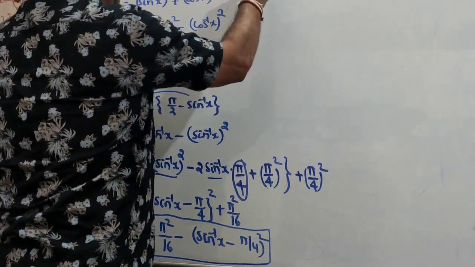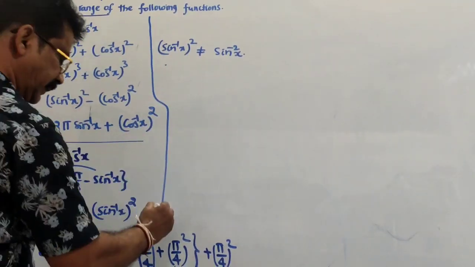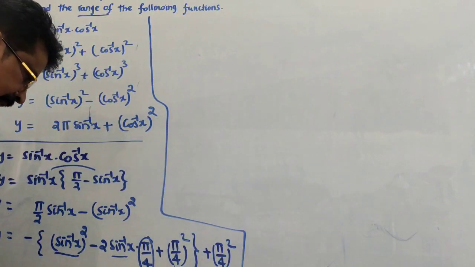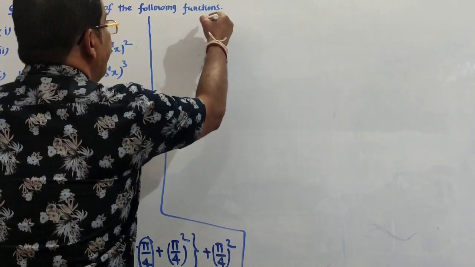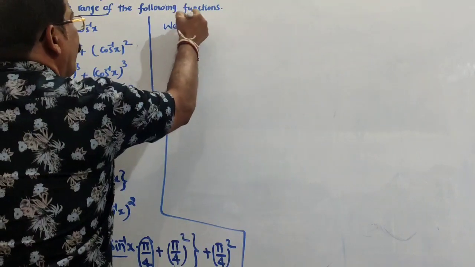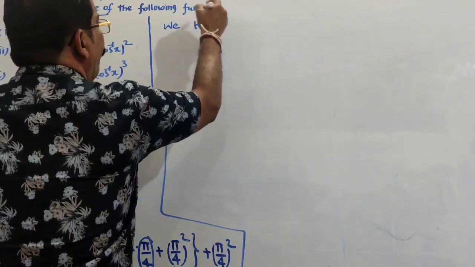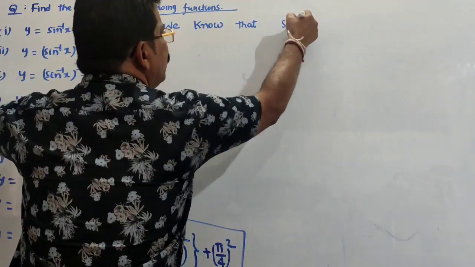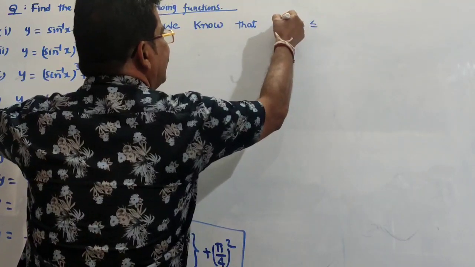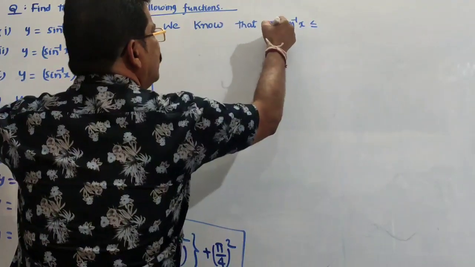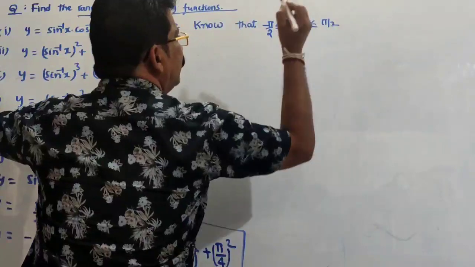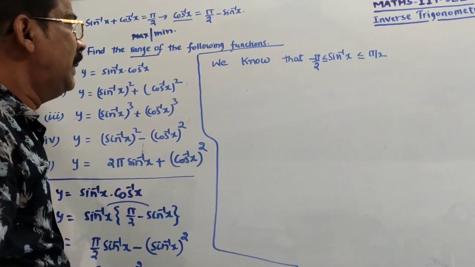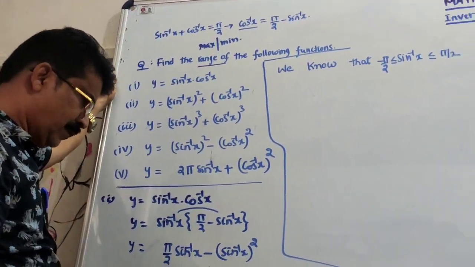Now, actually we know that sin inverse x lies between minus pi by 2 to plus pi by 2 for all x belonging to the closed interval of minus 1 comma plus 1.